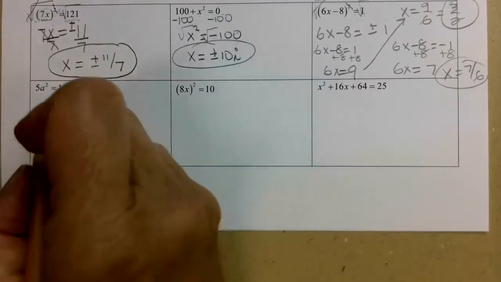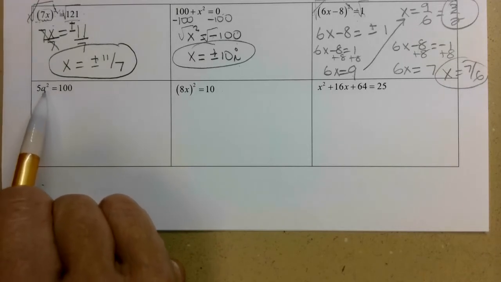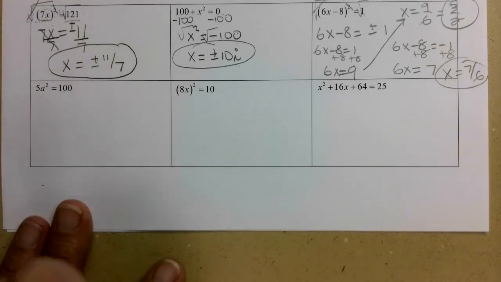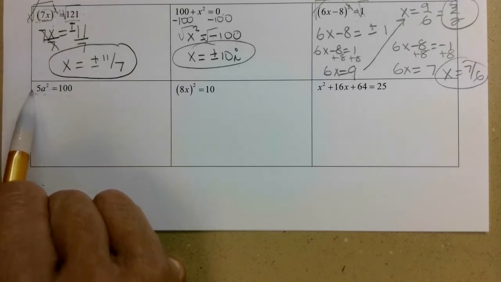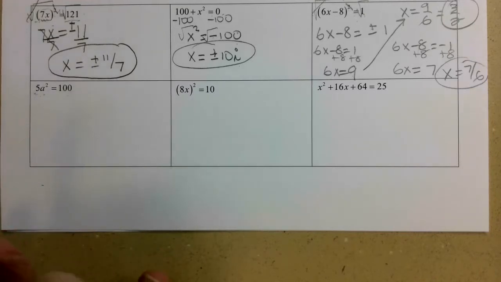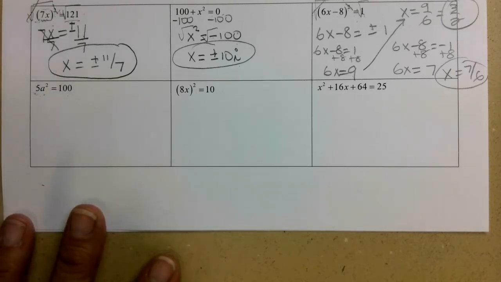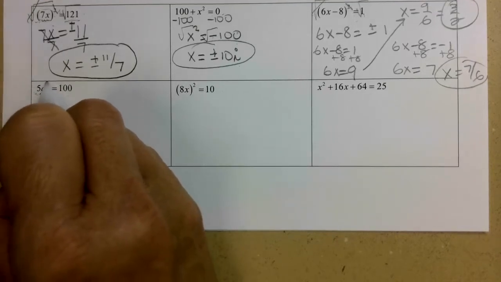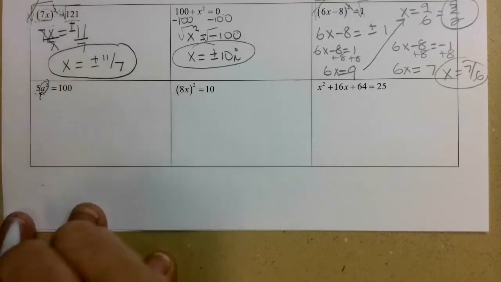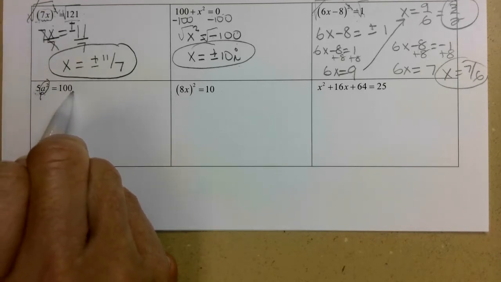Okay, keep going. Now, notice here, I'm on my fourth one. 5 times a squared equals 100. Notice the 5 is not included in the squared. It's its own, right? It's just 5. So I could square root here, but it's going to be nicer for us if we get just the a squared by itself, which means this 5 needs to get to the other side.